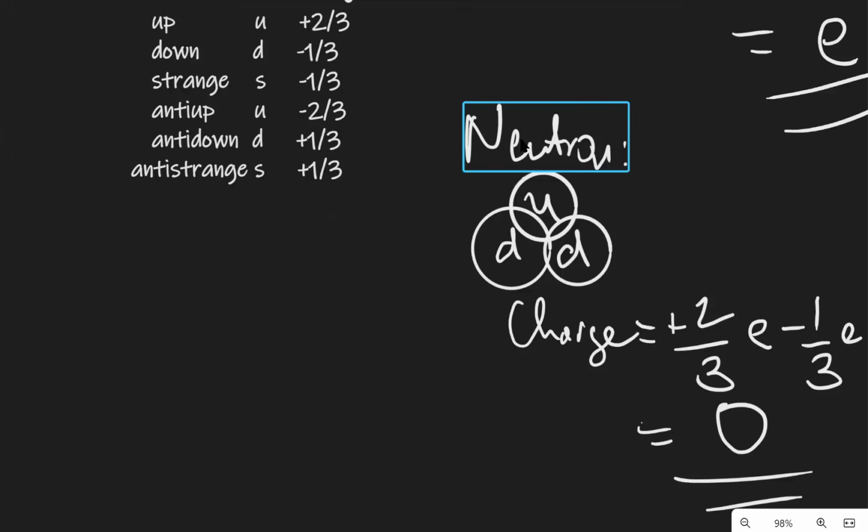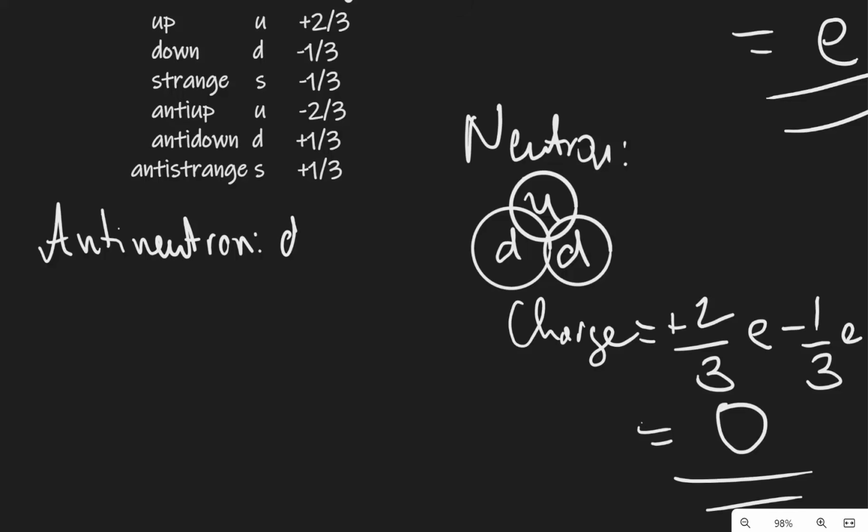It's important to know that the composition of an antiparticle, such as the antiproton or the antineutron, should we just talk a little bit about the antineutron? It's going to have exactly the same composition, but opposite. So it's going to be made out of 2 anti-downs. Oops, we need to add some dashes over here to the antiparticles.